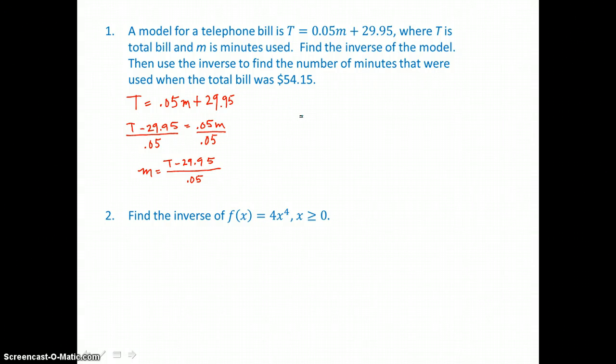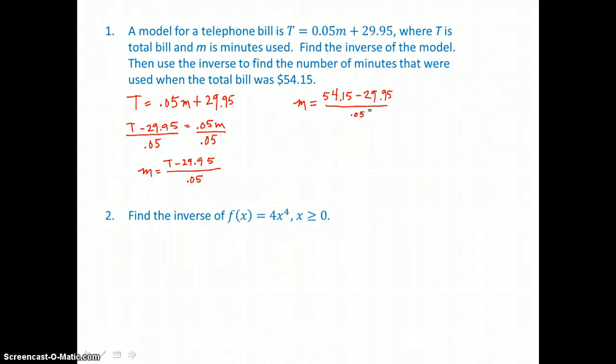Now we want to use the inverse to find the number of minutes that were used when the total bill was $54.15. So we'll substitute that total cost in for t, and we'll simplify to solve for m.